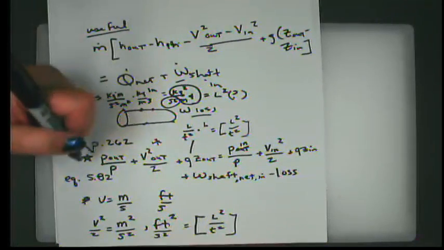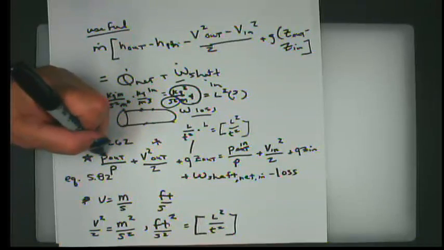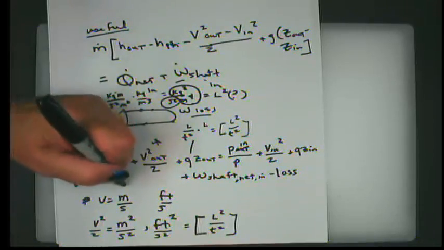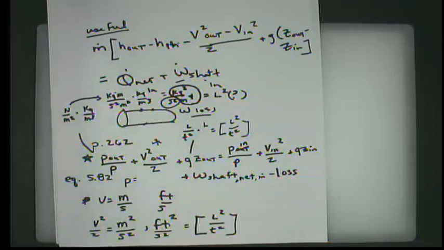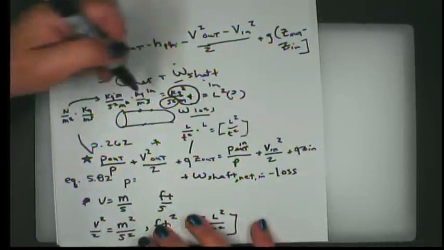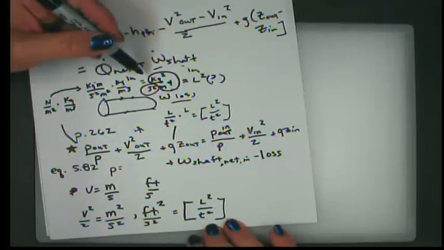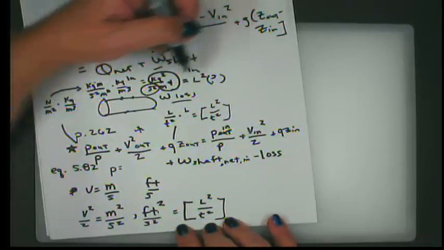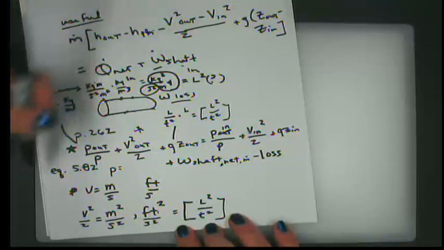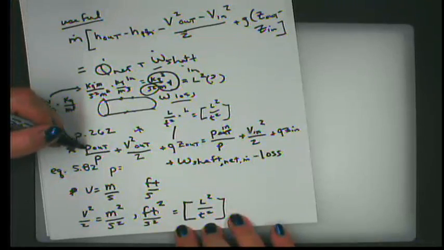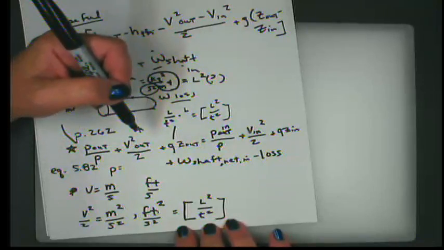So is this term, do we have an analogous term here? Density. If we take a look at the front cover of your book, the density is in kilogram per meters cubed, right? So this is not working out as far as I can tell.